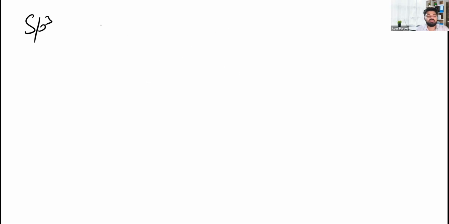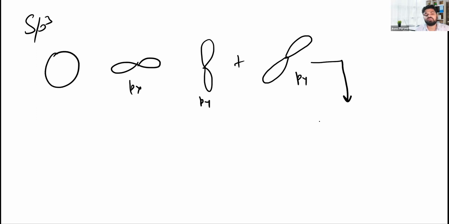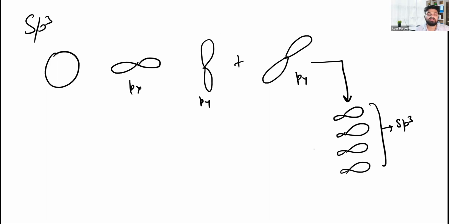All hybrid orbitals will be made from 1s and 3p, px, py, and pz orbitals intermixing together, and they will give you four new sp3 hybridized orbitals. Then they will arrange themselves with equal bond angles, in a tetrahedral structure.